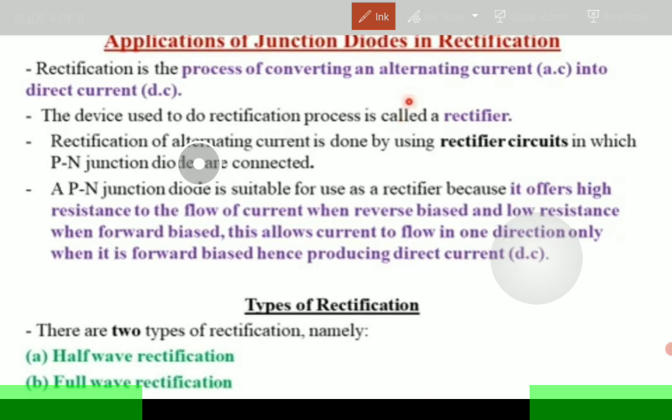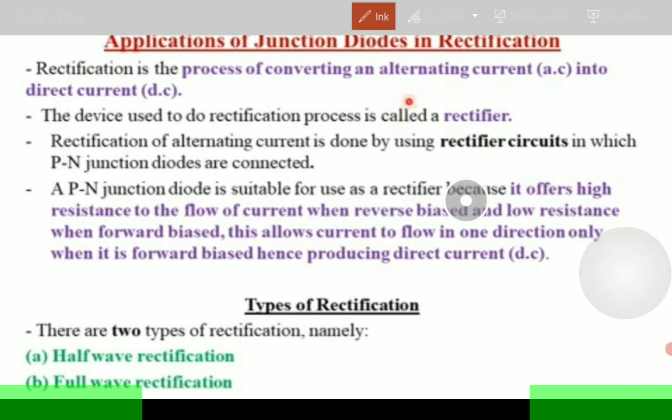All right, but one would be asking, why use a PN junction diode? Why not a capacitor? Why not any other device? A PN junction diode is suitable to use as a rectifier because of its nature, its behavior.